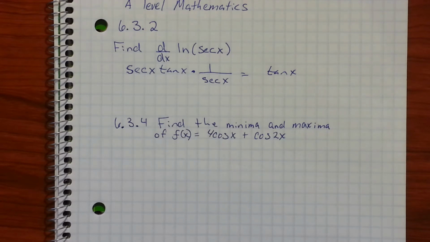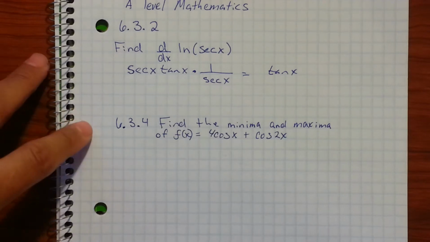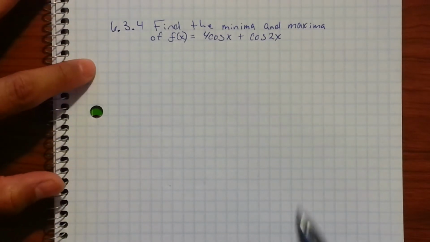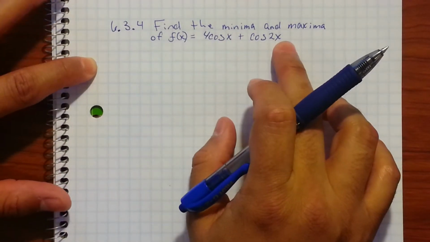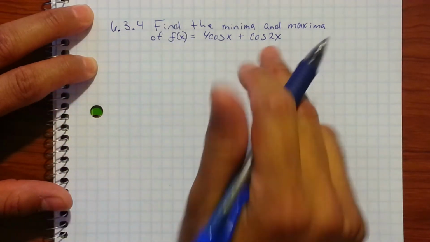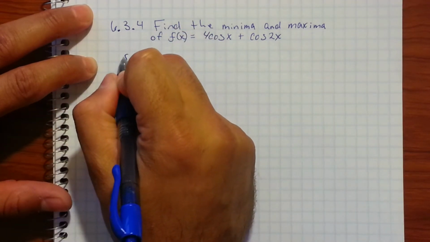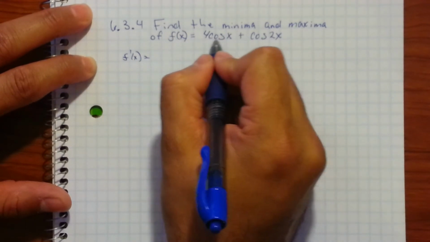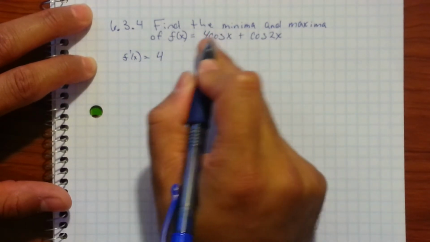Now on this next problem right here, 6.3.4, we're going to find the minima and maxima of this equation. So first thing I'm going to do, let's find the first derivative. So first derivative of that is going to give me 4.